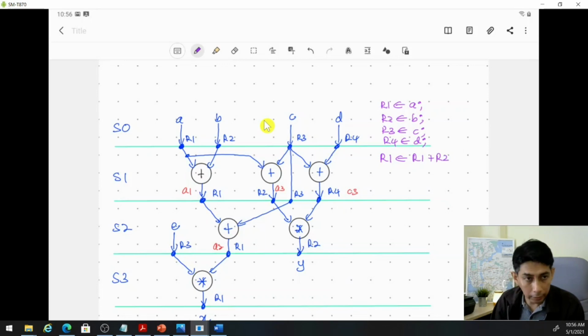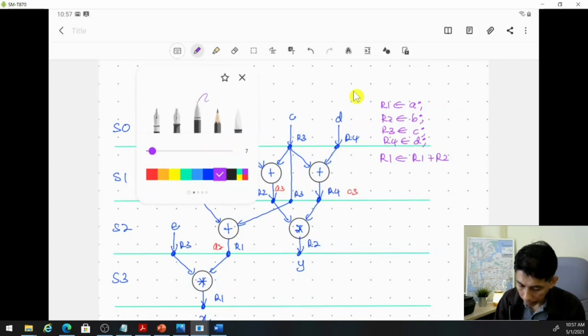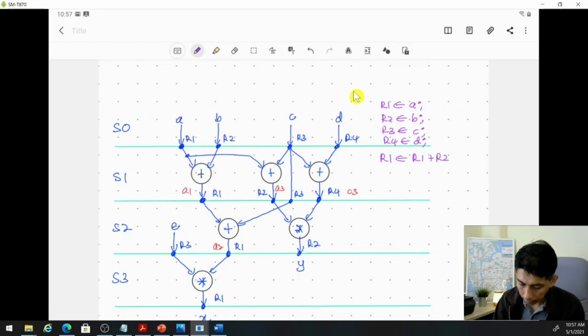All right, so let's name these: this is adder number 1, this is adder number 2, this is adder number 3, right? Because we have 3 adders now.